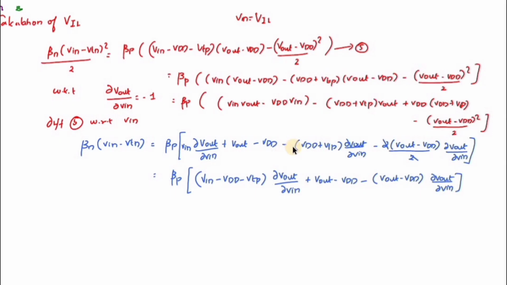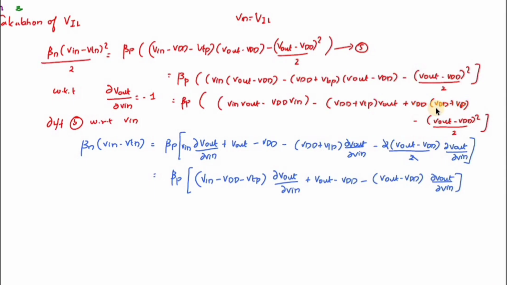So I'm going to substitute this value. dou V in by dou V in goes to 1, right? Minus VDD plus VTP into dou V out divided by dou V in minus, so at VDD and 2 VDD plus VTP, I don't have V in terms, so the total will get cancelled out.